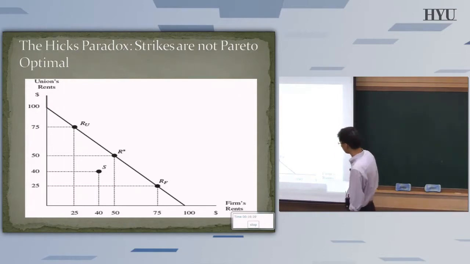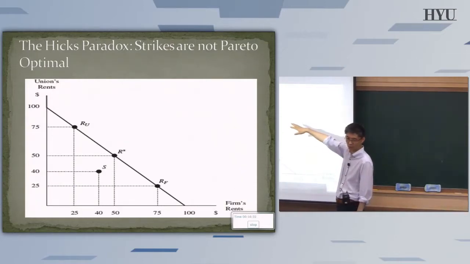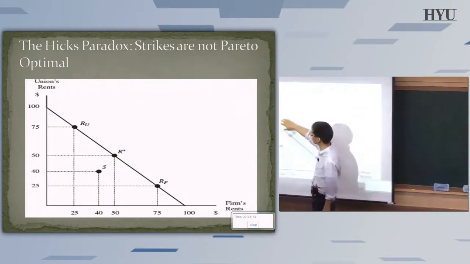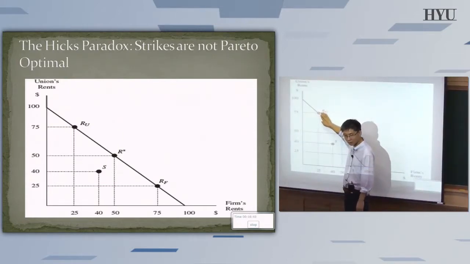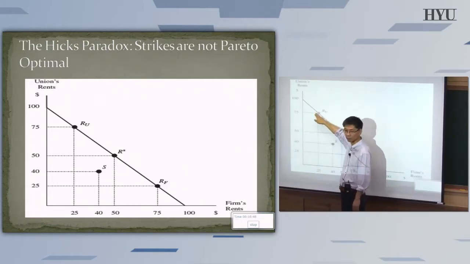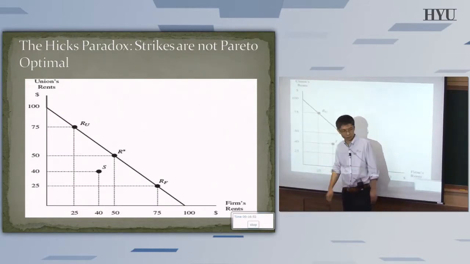Obviously one extreme is the firm gets everything, let's say $100, or 100%. The other extreme is the union gets everything, $100. As the previous diagram shows, the union generally demands a very high share of the rent. Let's say in this case 75%, $75, and it gives $25 to the firm.